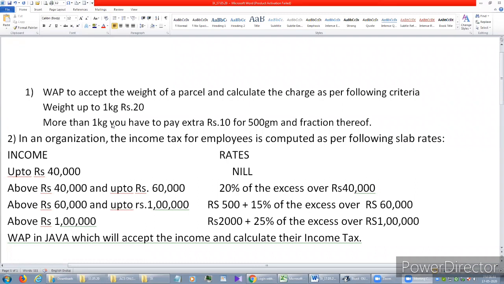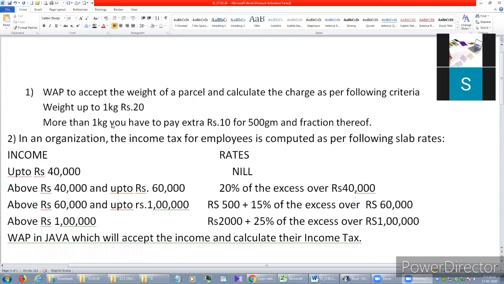More than 1 kg you have to pay extra 10 rupees for 500 gram and fraction thereof. That means, again I repeat, if the weight of a parcel is 1 kg and 502 gram, for up to 1 kg he has to pay 20 rupees, no doubt about this.